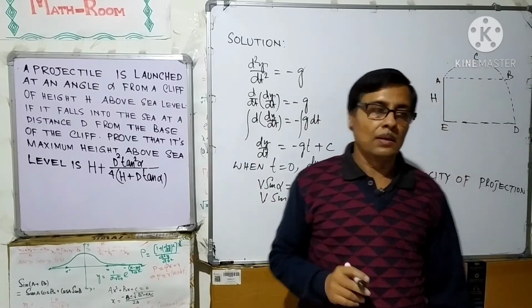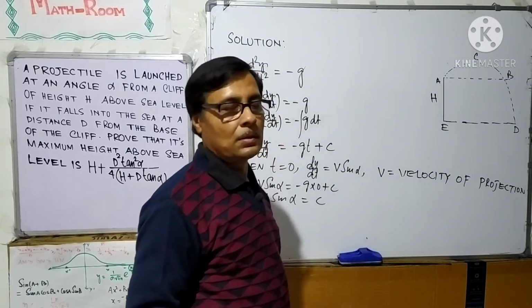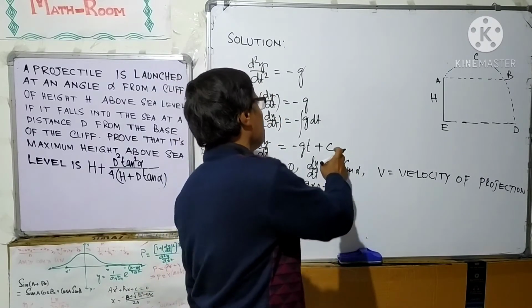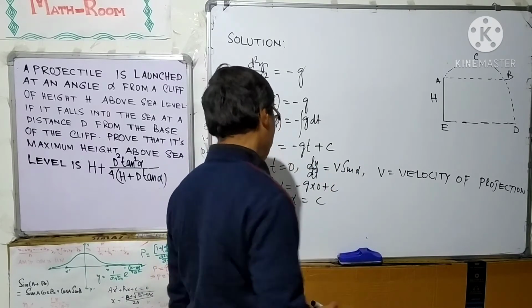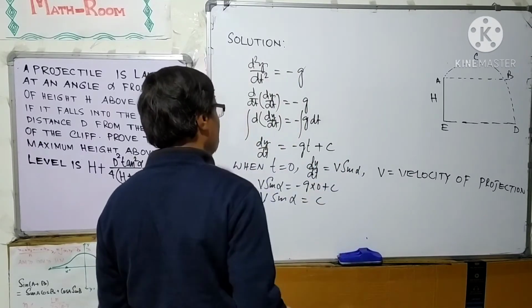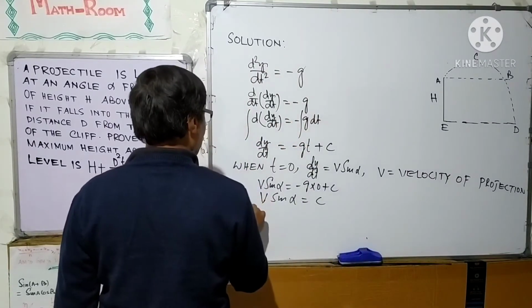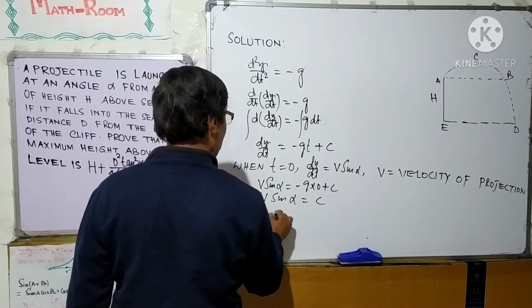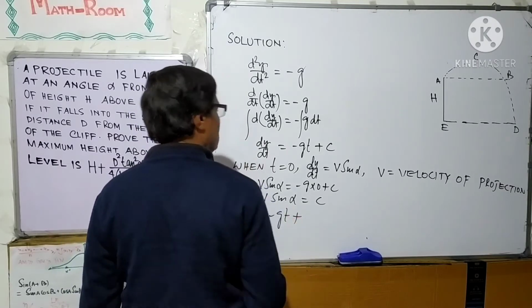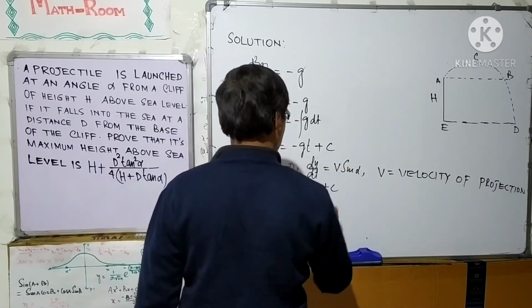This is alpha. So, this is the vertical component of the velocity of projection, v sin alpha. So, dy dt equal to v sin alpha, and v sin alpha equal to c. So, we can write dy dt equal to minus gt plus the initial vertical component of velocity, that is v sin alpha.